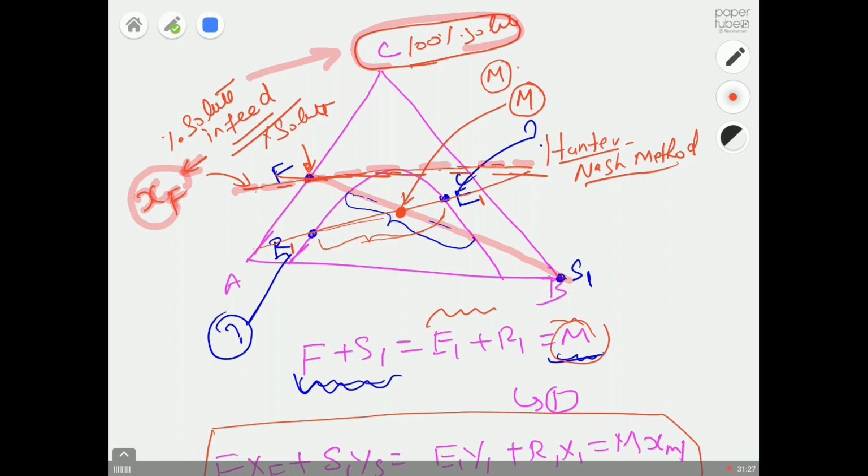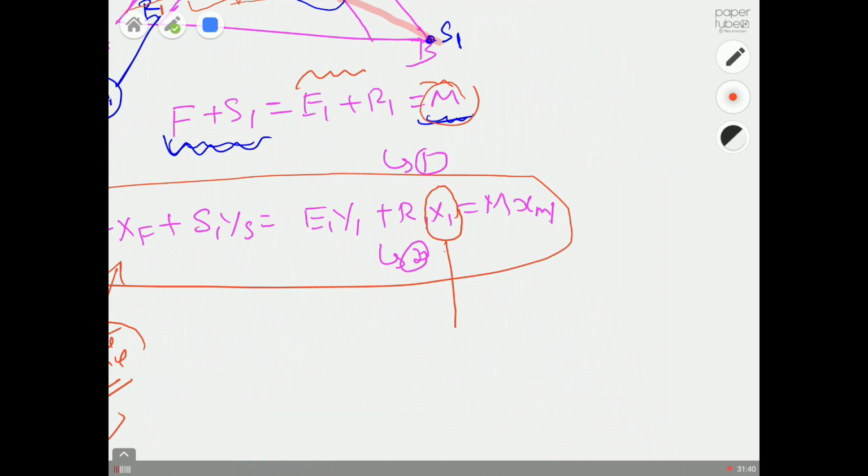And what else do we need to say? Also, if you look at x1 here, x1 in equation 2, for example, what is that? X1 refers to the percentage or mass fraction of solute on the raffinate side at the end of our experiment.